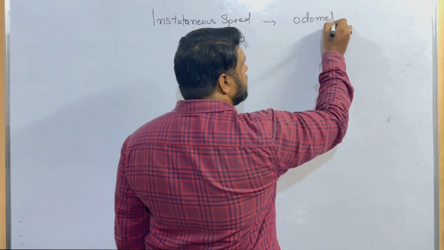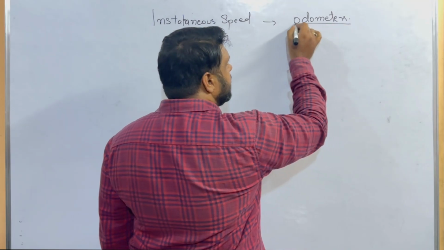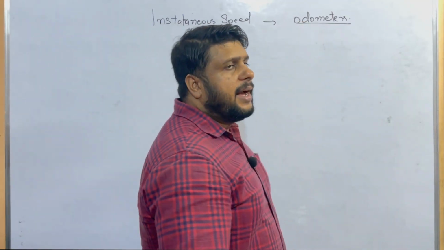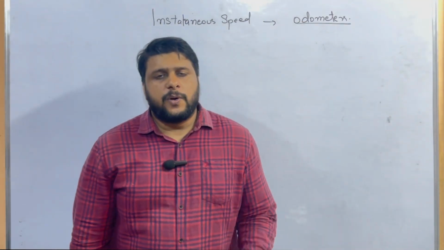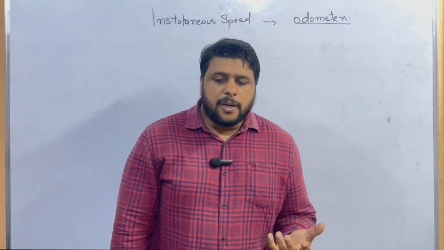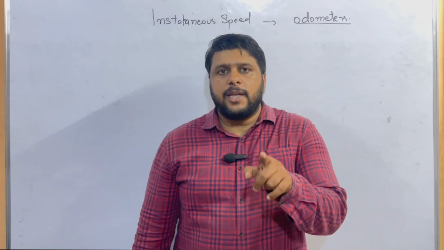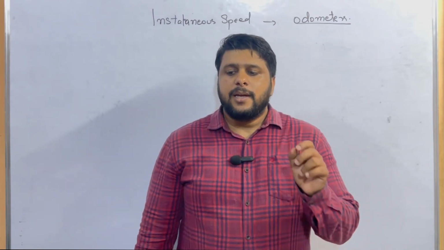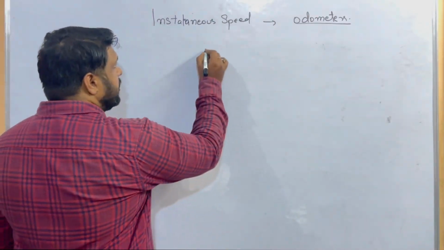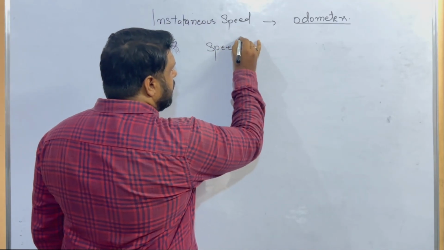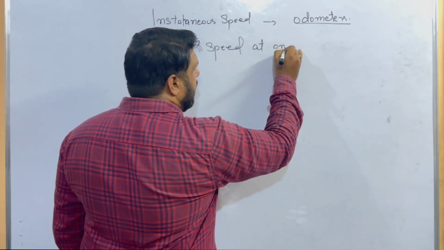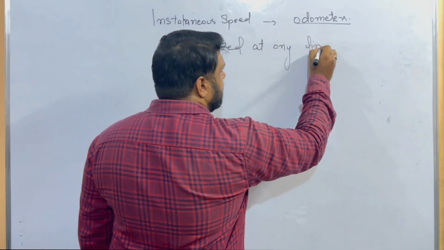I hope you guys are getting the feel of this thing, what is average velocity, speed and instantaneous speed. Okay, so here we are getting velocity at any time. We are going to get speed at any time.